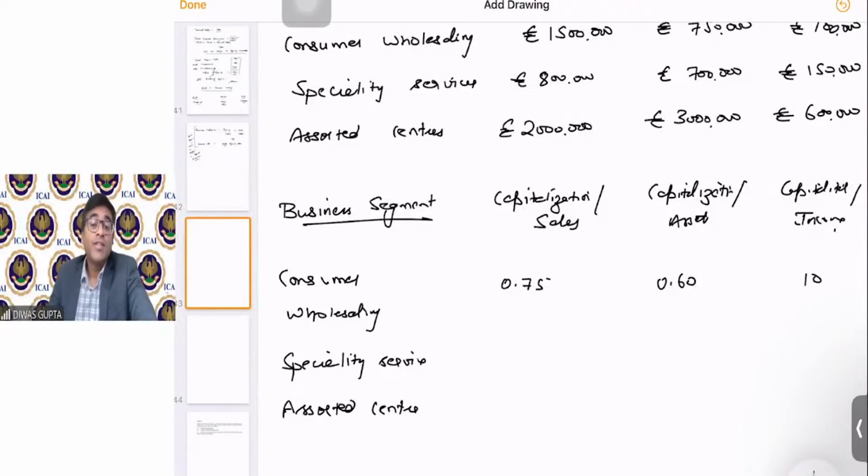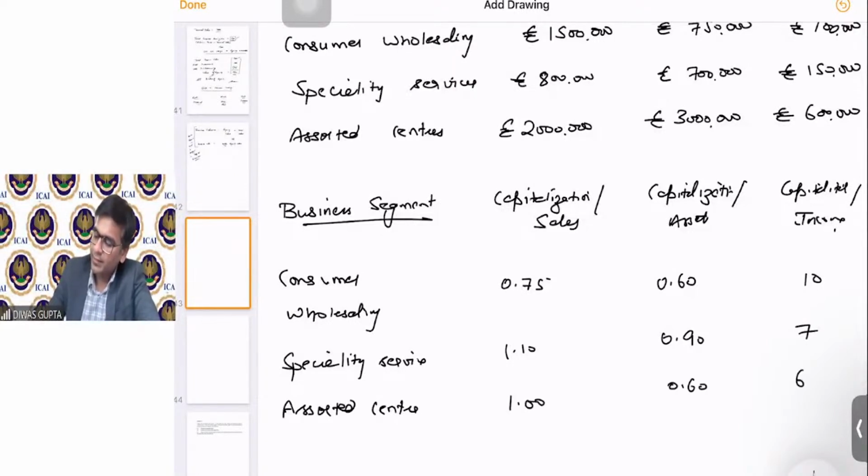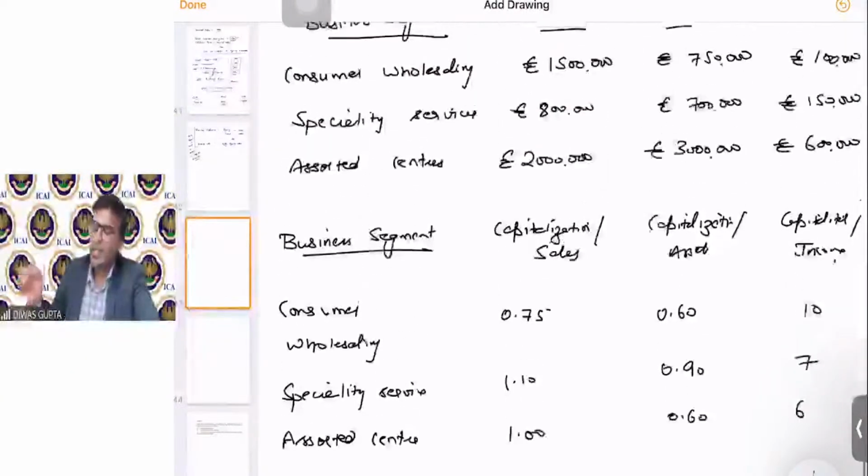Again, as I was saying, it's just like a P multiple, right? In a P multiple, you multiply the multiple to whatever the base is, let's say EBITDA, sales, sometimes EPS, to arrive at the value or the price, right? Specialty services is 1.10, 0.90, and 7 times. And here it is 0.60 and 6 times, right? So this is the capitalization rate that is given.